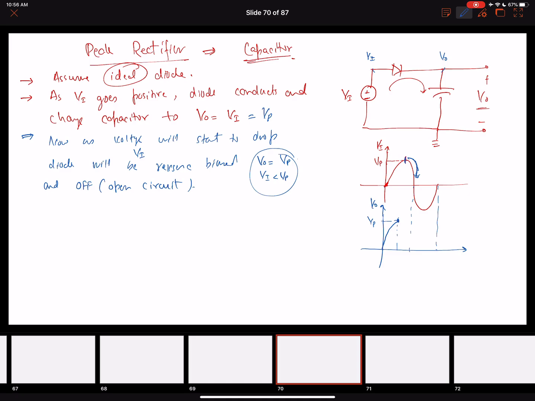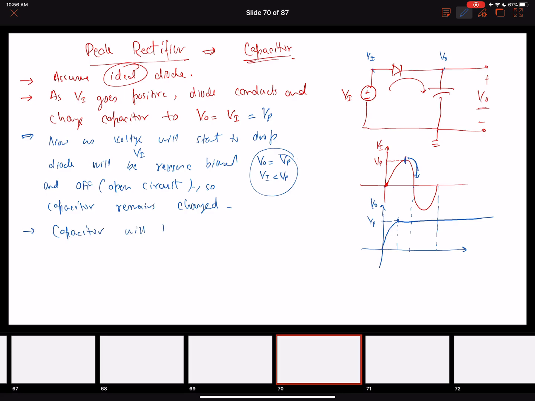And the capacitor remains charged. So in this kind of ideal case, the capacitor will remain charged forever, kind of.